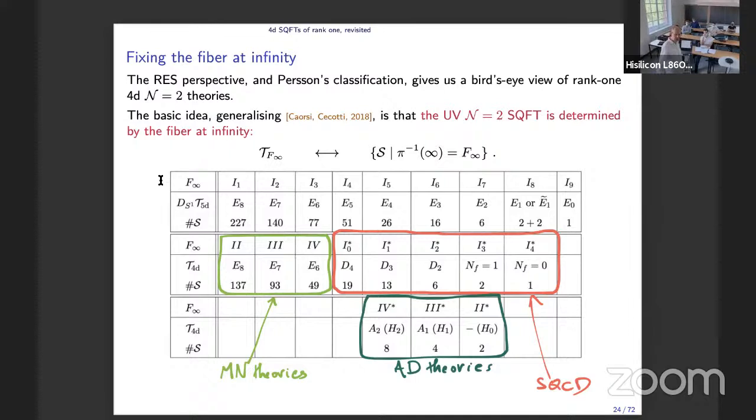So on the Coulomb branch of NF equal 1 exist these Argyres-Douglas theories. In a precise sense, you can go from one to the other by merging an I1 singularity into the I3 star, getting the II star at infinity. And that's a particular RG flow from SQCD to the Argyres-Douglas theory on its Coulomb branch.